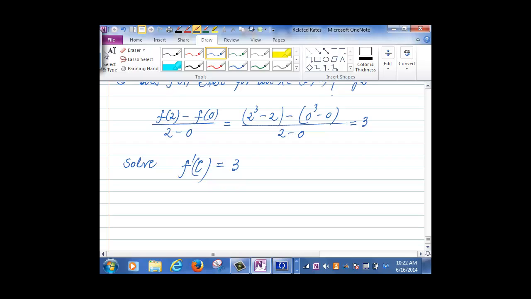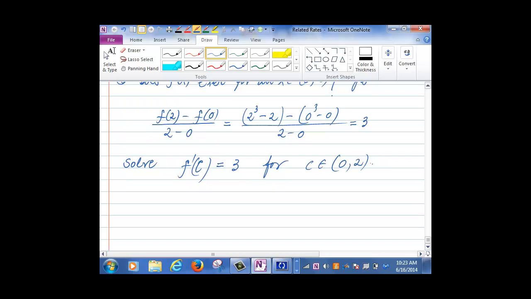And you have to find values of c between 0 and 2. Is everybody okay with that?